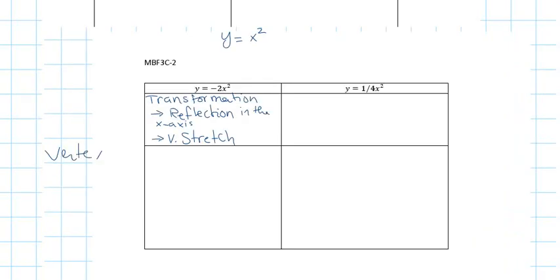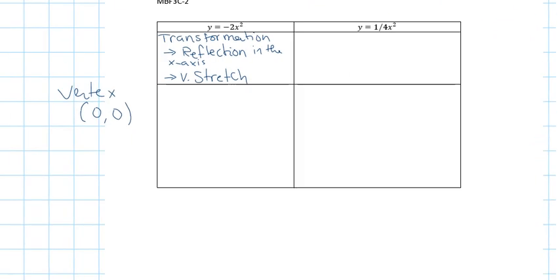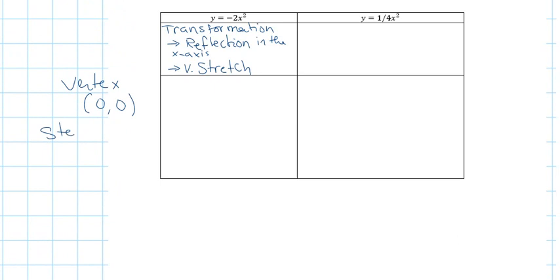What did we say the step pattern is? 1, 3, 5, but it's going to be multiplied by the A value. So my step pattern is going to be -2, -6, -10.